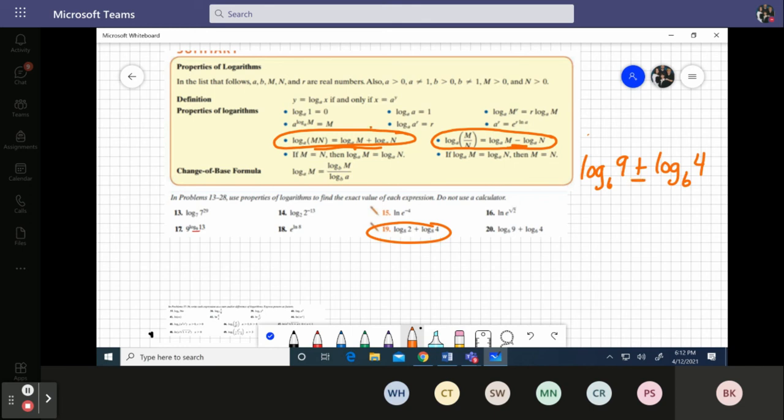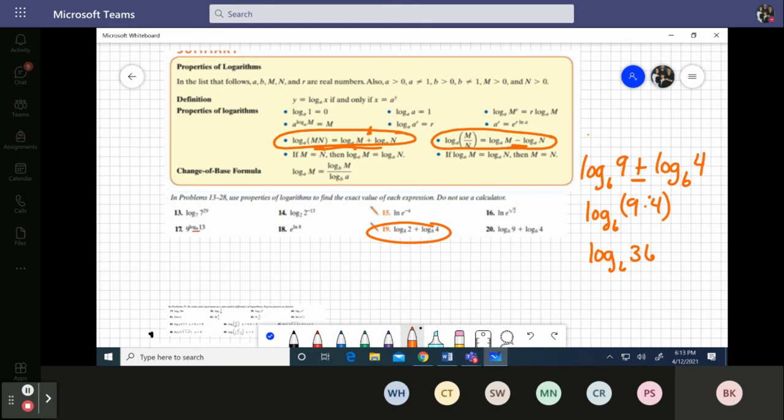Because of that plus sign, I'm going to use my property and I'm going to rewrite it as a multiplication. 9 times 4, log base 6 of 36. Now here's where you got to that point where it's not what am I supposed to do, but what can I do? What can I rewrite there?